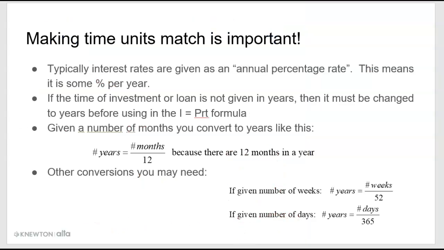So a little bit more about making the time units match, because these are the places that students make mistakes and have difficulties. It isn't because you don't know how to use that formula. It's because you don't know how to adjust the numbers to make sense in the formula. So interest needs to come out in dollars. And in order to come out in dollars, it needs to be dollars times a percent per year times years, because the rate is dimensionless.